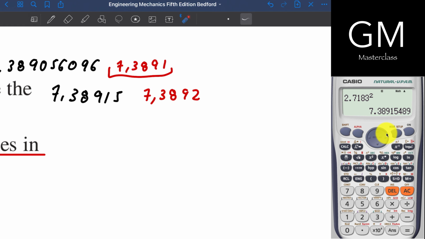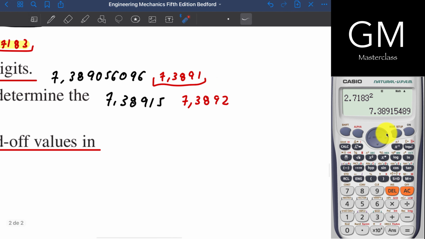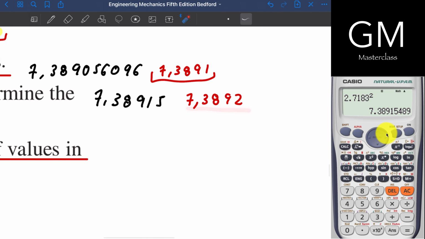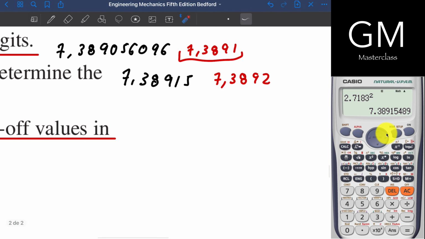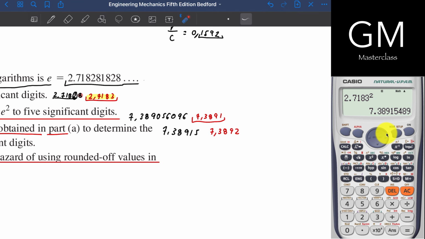And the answer is that we have a mistake with these 2 digits, because the second one is different from the first one, and the first one is more accurate than the second one, even though we haven't used the whole number of e.